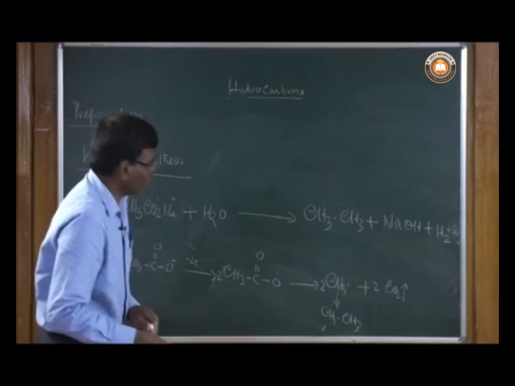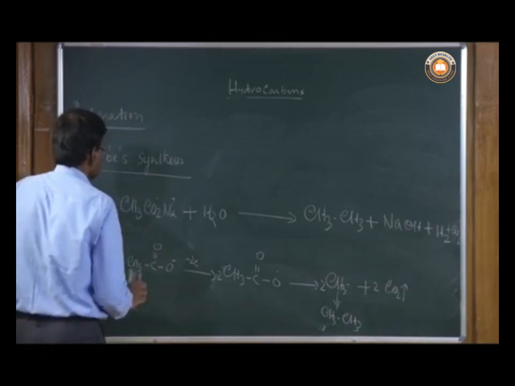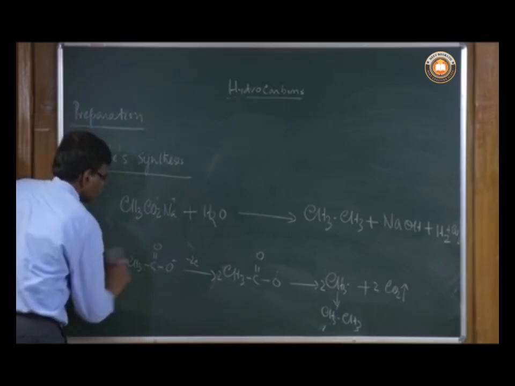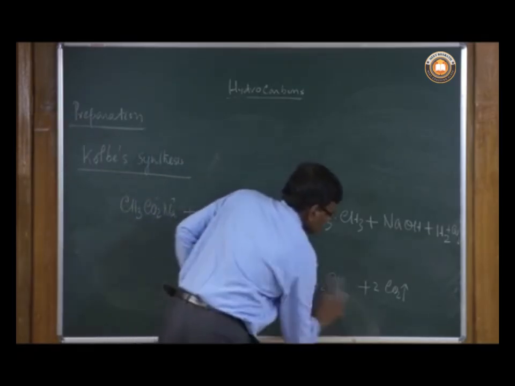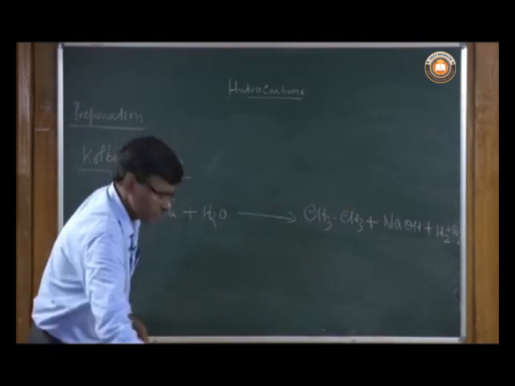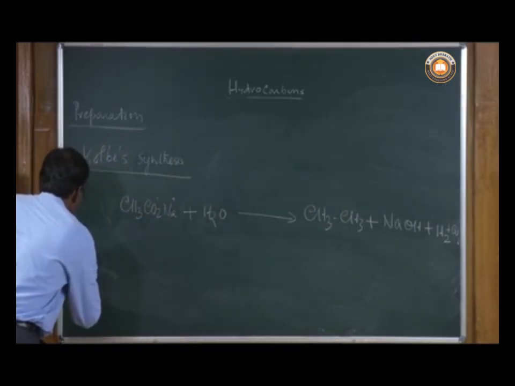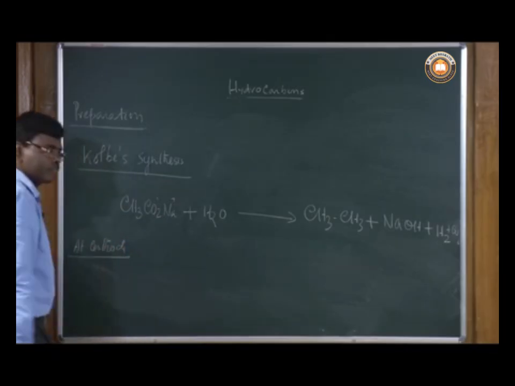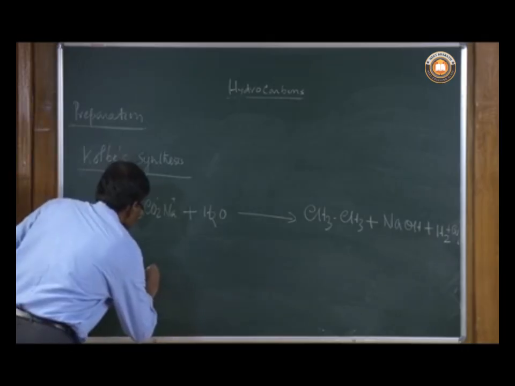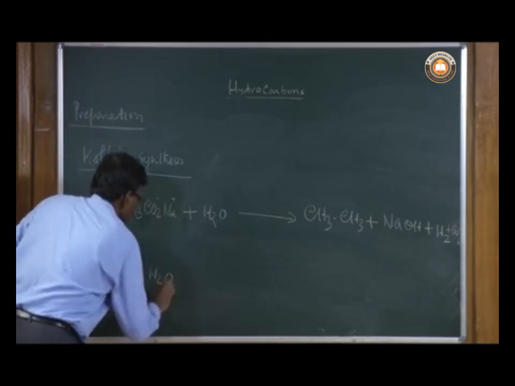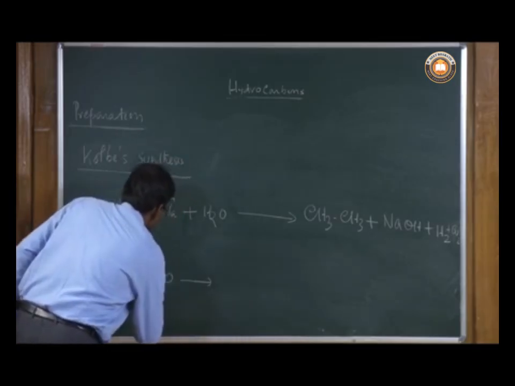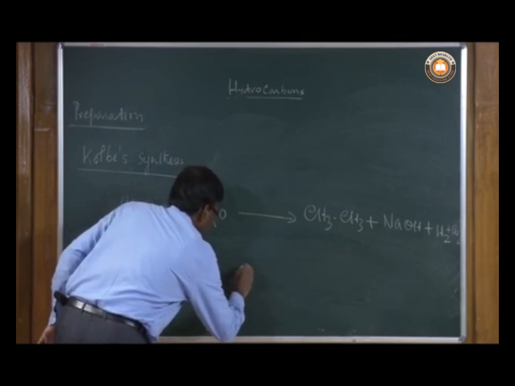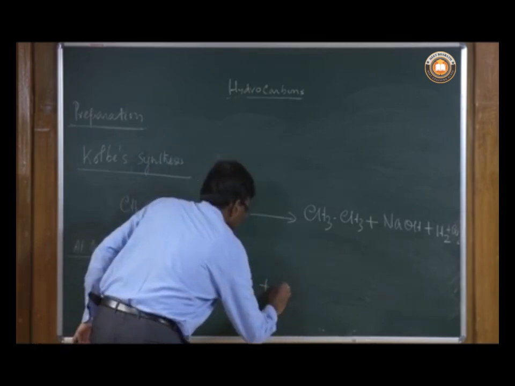At the cathode, water takes two electrons, and then you generate OH minus plus H dot.